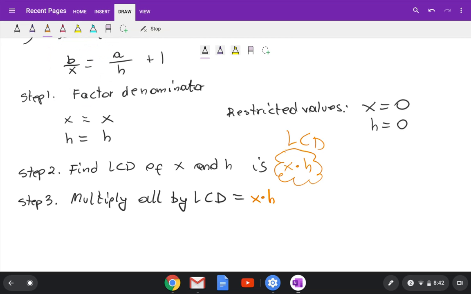So x times h, which is the LCD, I multiply by the original left side, which is b over x, equal to the LCD, which is x times h, times the original right side, which is a over h plus 1.